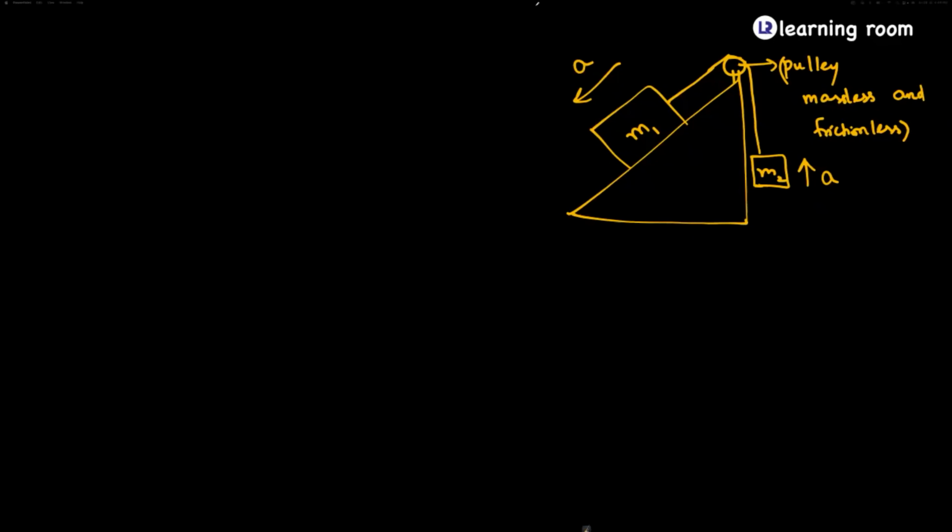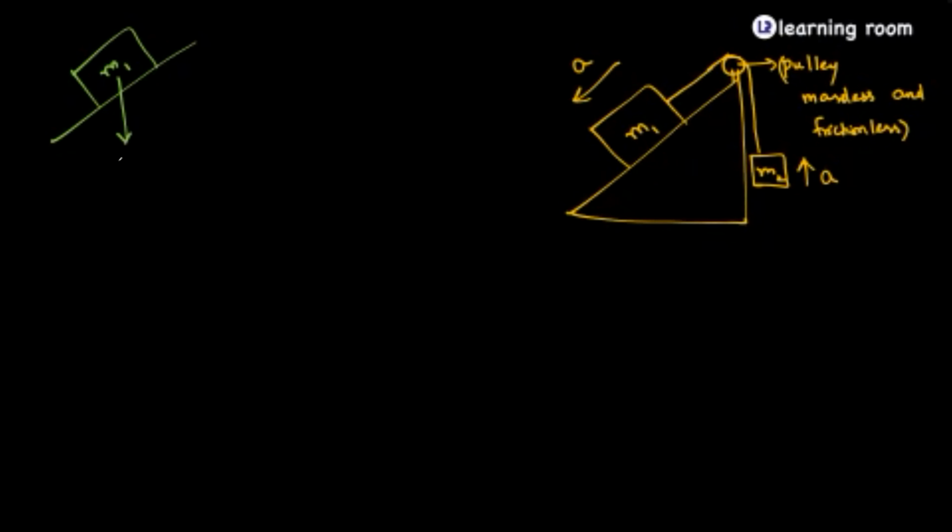Now, if you take M1 alone, placed here, then M1g is acting downwards. If I take this angle to be theta, this will be M1g cos theta and this will be M1g sin theta, and there is a normal force acting in this direction.